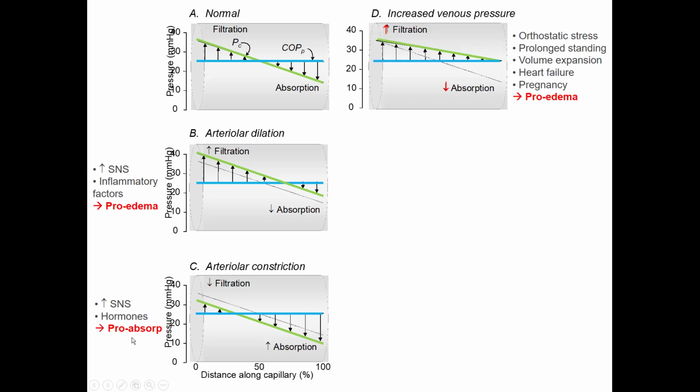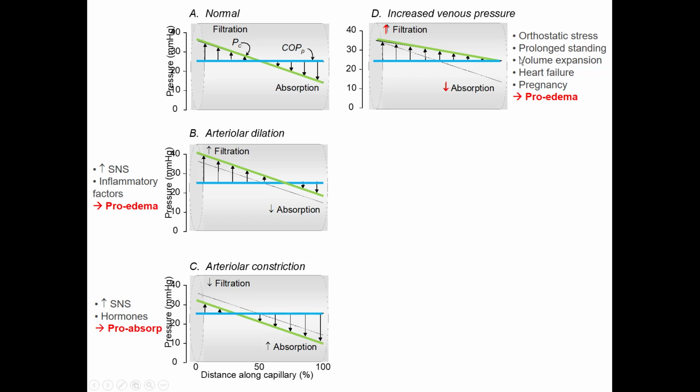Now let's look at changes in the venous end, and as we saw, increasing venous pressure has a relatively large effect and it increases filtration. So increasing the venous pressure decreases the gradient for pressure dissipation across the capillary.